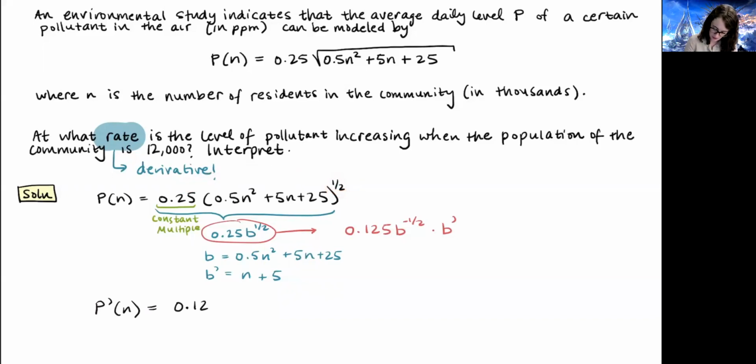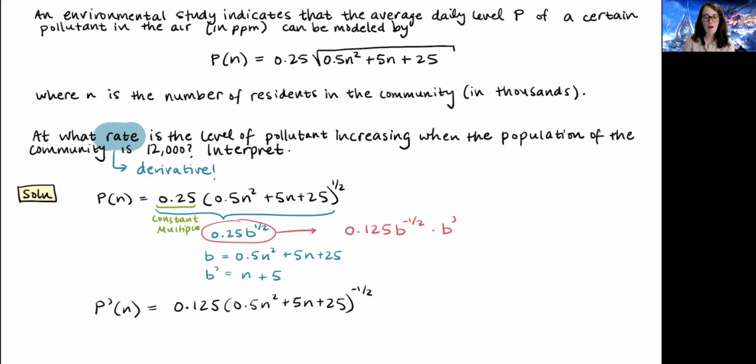So there's the 0.125. Then we leave the base the same and subtract 1 from the power. So this looks like 0.5n squared plus 5n plus 25 raised to the negative 1/2.